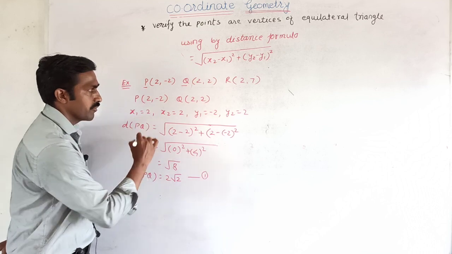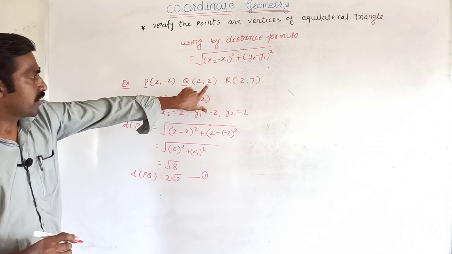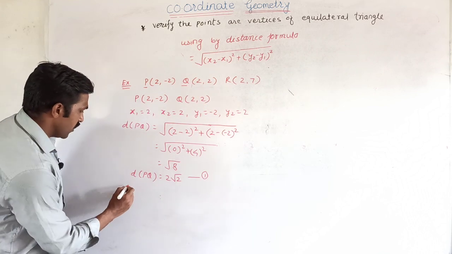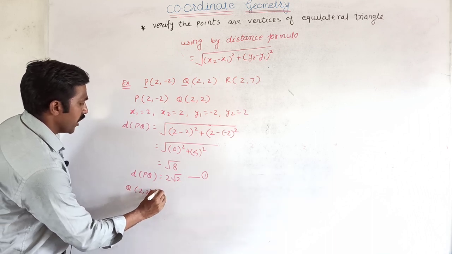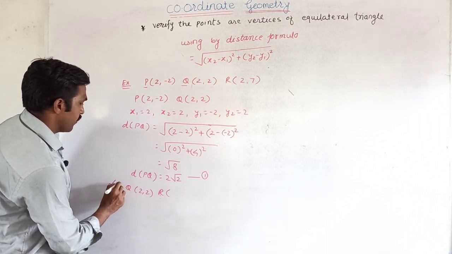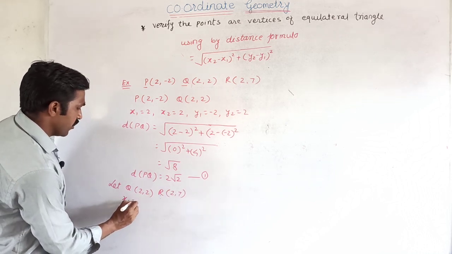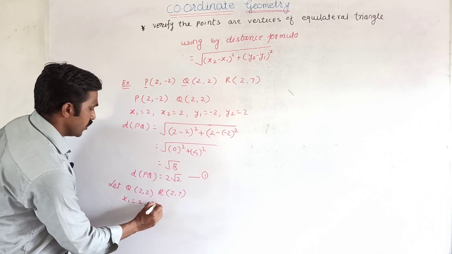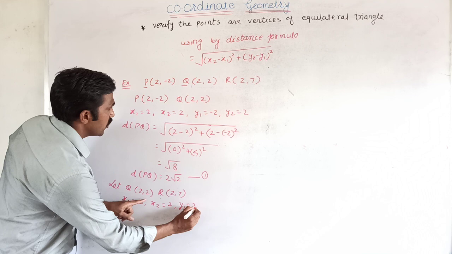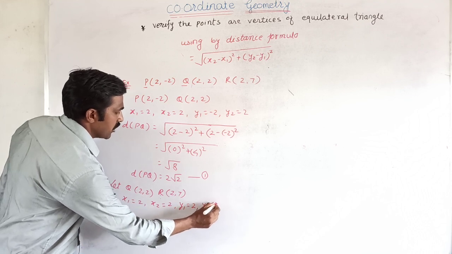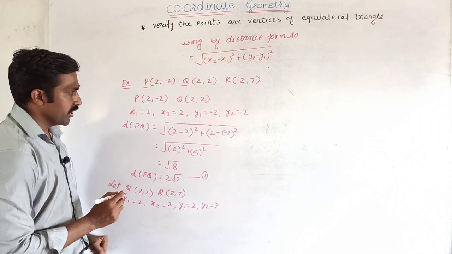Equation number one. Now find the distance between QR, that is the another side of the triangle. Q is point (2, 2) and point R is (2, 7). Therefore, x1 is equal to 2, x2 is equal to 2, y1 is equal to 2 and y2 is equal to 7. Now find the distance between QR.